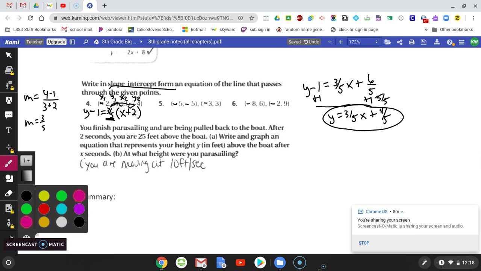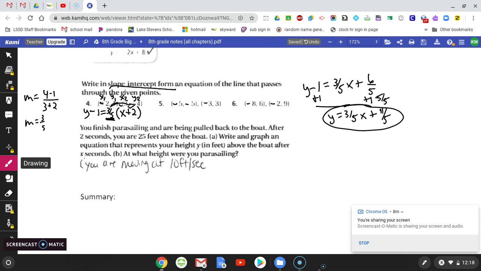Okay, let me change colors so that you can see which problem goes with which. So I'll label this x1, y1, x2, y2. I'll go ahead and start by finding the slope first. So 3 minus -5 is the same thing as 3 plus 5. -3 minus -5 is the same thing as -3 plus +5.